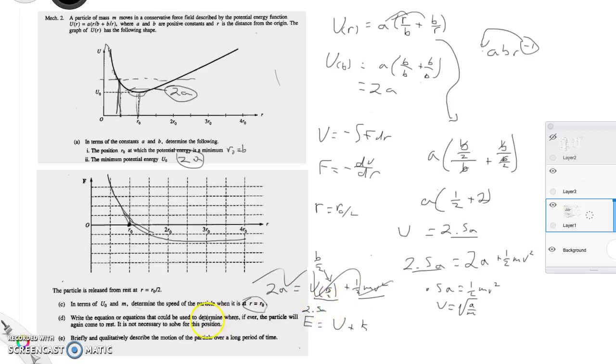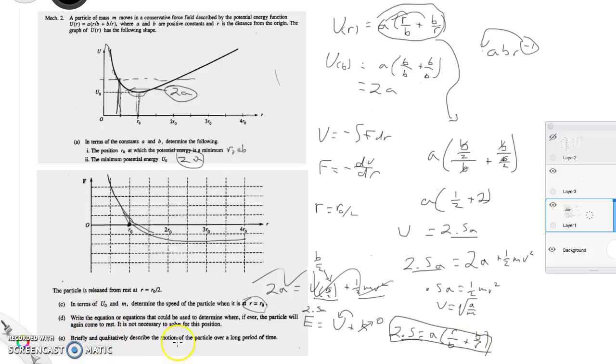And we're asking now to find when it's going to come to rest, which means that at that position K is equal to 0. We want to solve for R, so for U we would substitute in this equation right here. And so our equation to find out when it's going to come to rest would be that the total energy 2.5A is equal to our equation for potential energy.